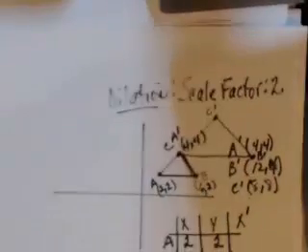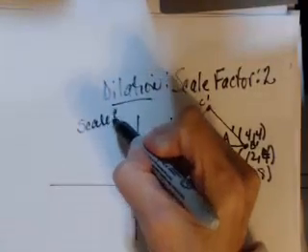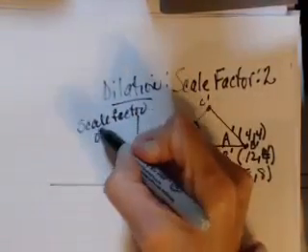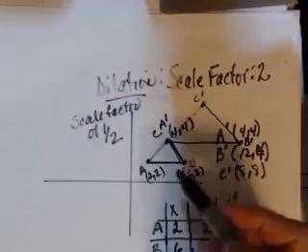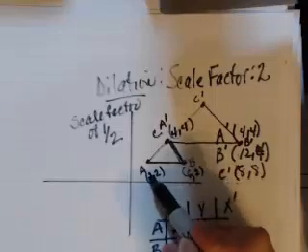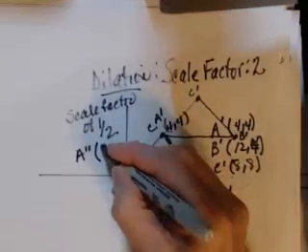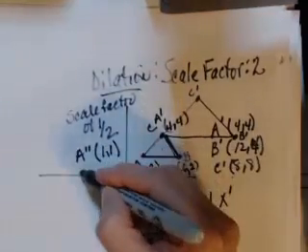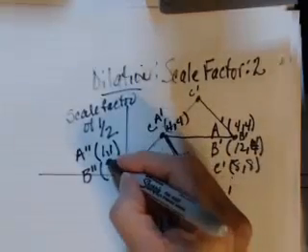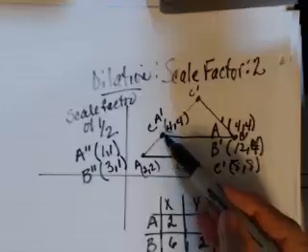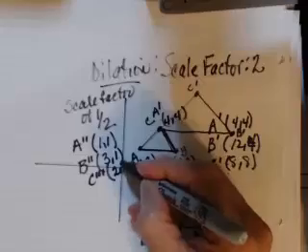Now, if I had a scale factor of 1/2, then I'm going to make a reduction. And I would take each ordered pair and multiply by 1/2. So A double prime would be 1, 1. And B double prime would be 3, 1. And then C double prime would be 2, 2.